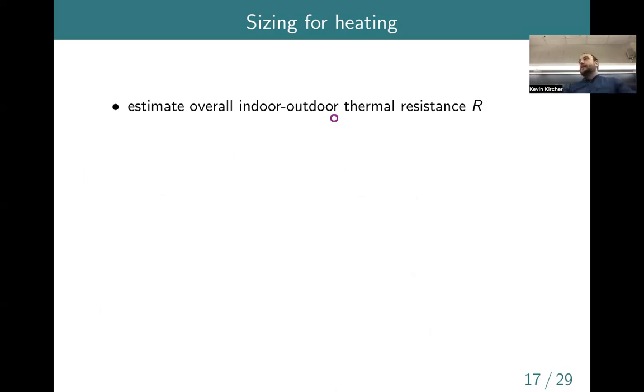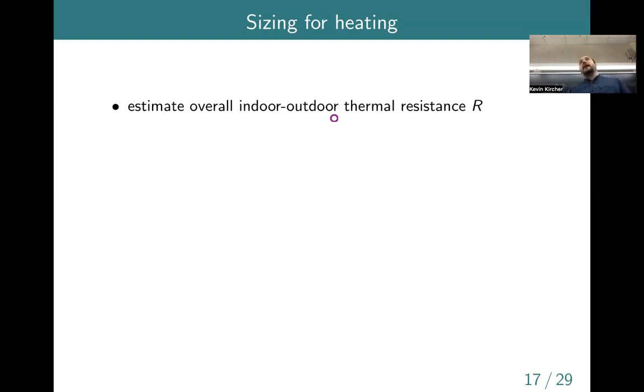One way to do that is what we talked about in part 1 of the buildings lecture, where you think about how big the building is, what its surface area is, how much of it is walls versus windows, how good the insulation is, and all that kind of stuff. And then you use rules of thumb and best guesses and engineering intuition, and you come up with some guess. And usually it's decent, but not great, basically.